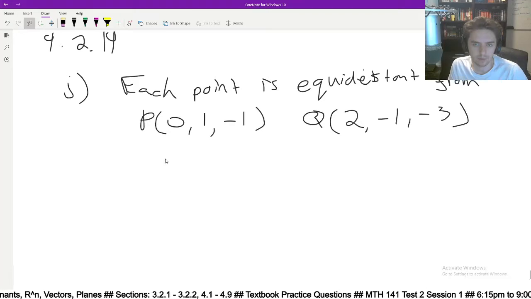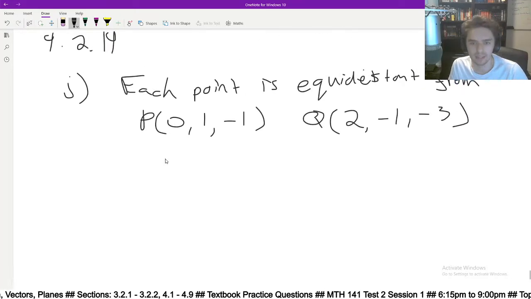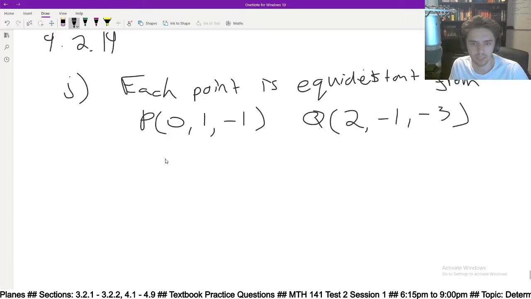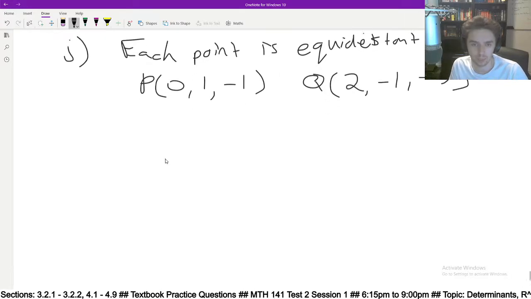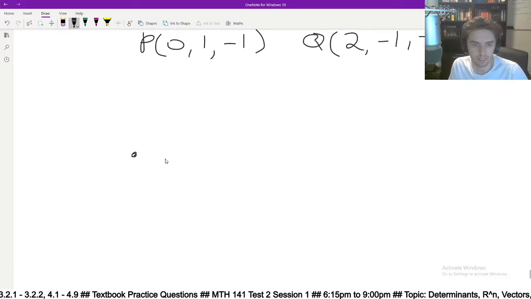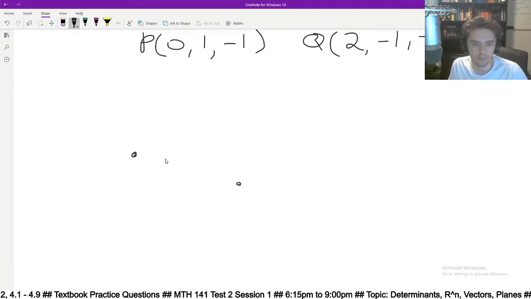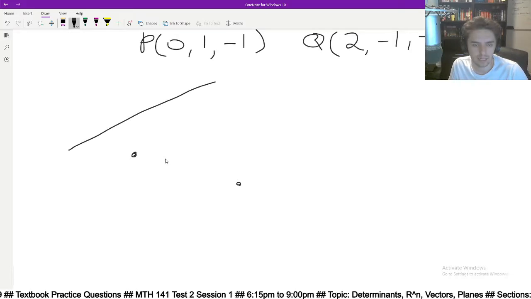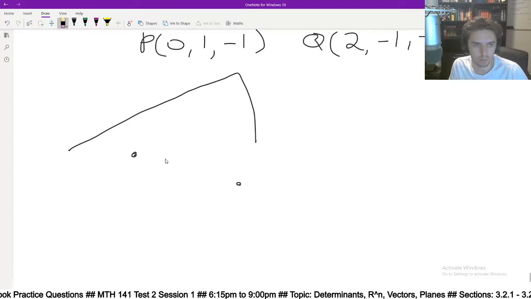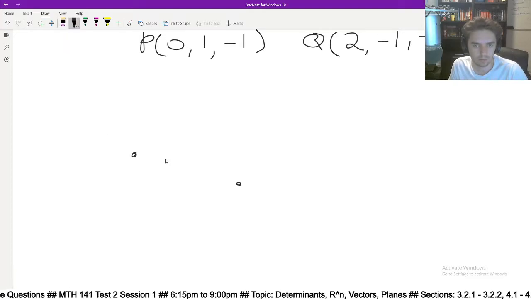So it doesn't matter what point on the plane, the distance from that point to P and the distance from that point to Q will be the same. If you think about it, here's P and Q. The plane that satisfies this is kind of floating in between them.